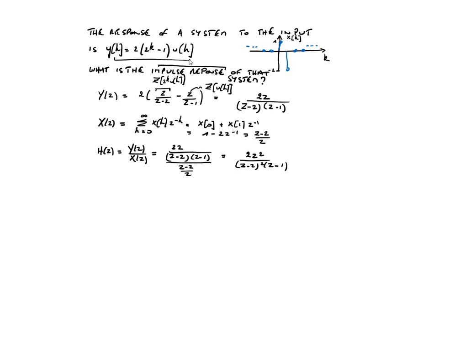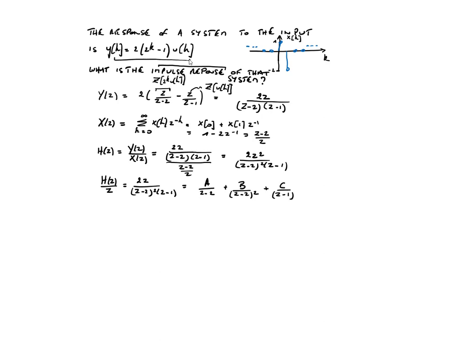So what we'll do is decompose h of z over z in partial fractions, so that's 2z over here divided by z minus 2 squared, z minus 1, and we can write it as a over z minus 2 plus b over z minus 2 squared, and this is because we have a square over here, plus c over z minus 1.